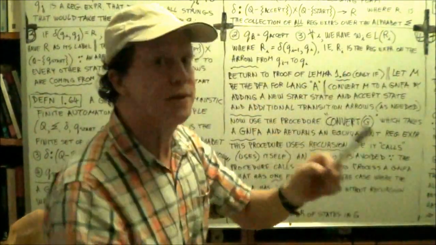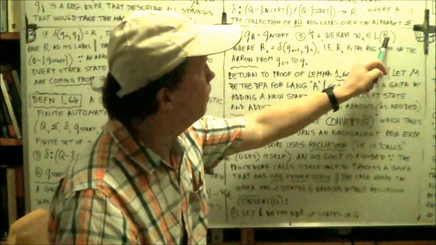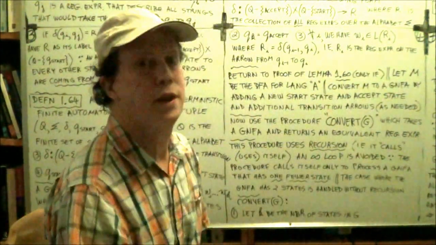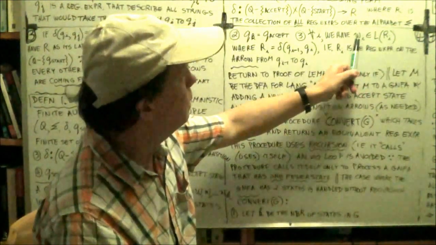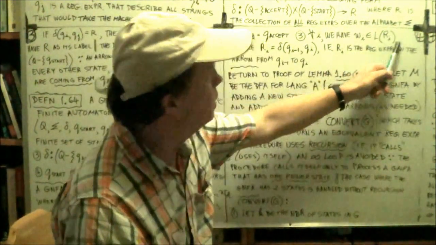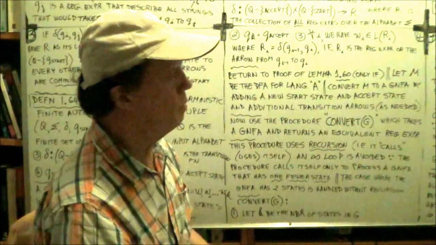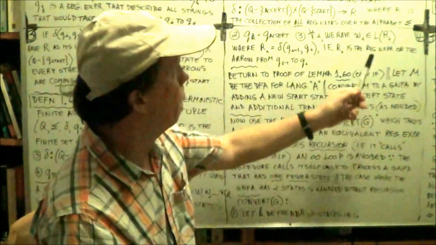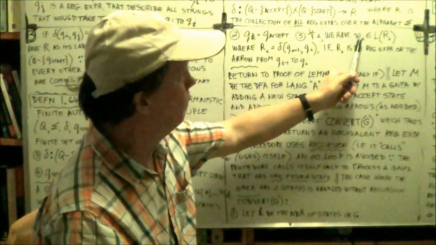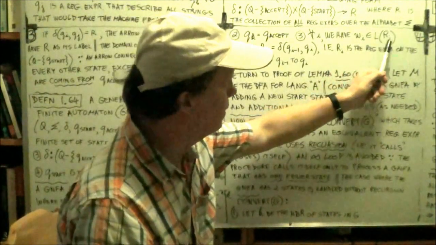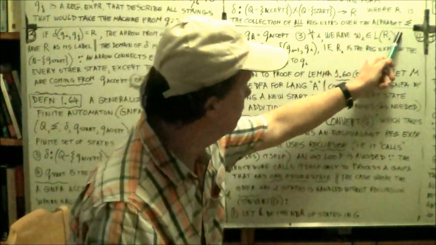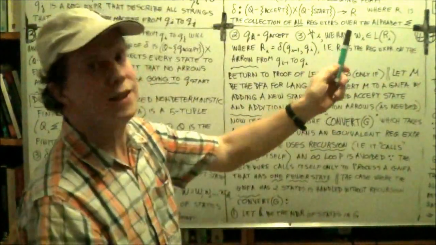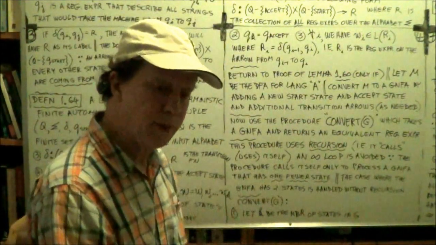The L of R means the language that this regular expression R describes. So if this Wi is a member of this language, in a sense you could say this substring matches that regular expression. In other words, it's a member of this language. If that's the case, then what happens?